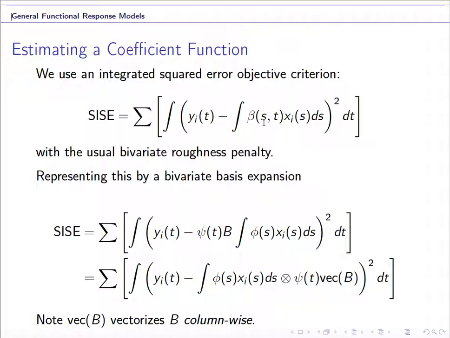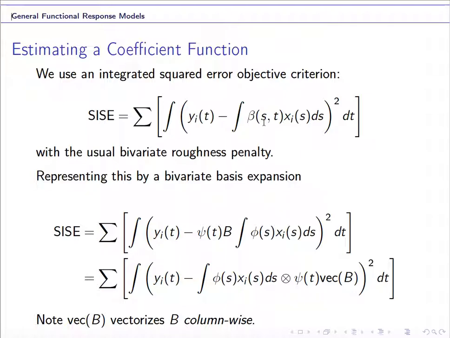So then you can write down b_j(s,t) as phi_k(s) times psi_l(t).